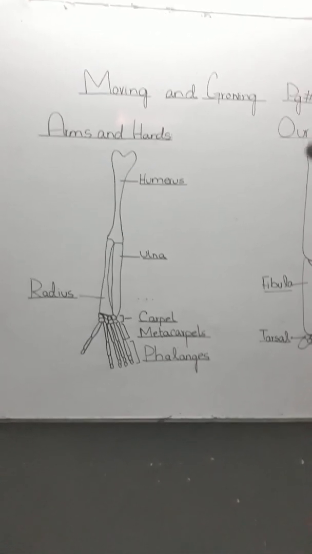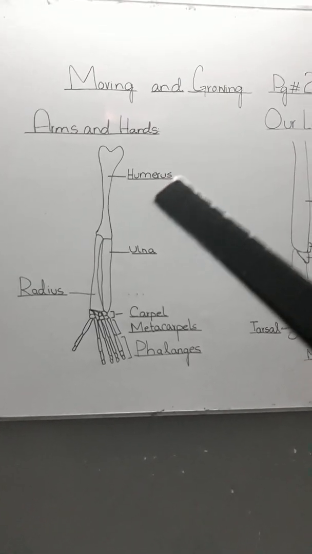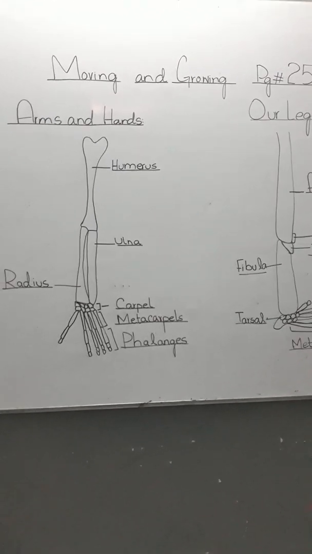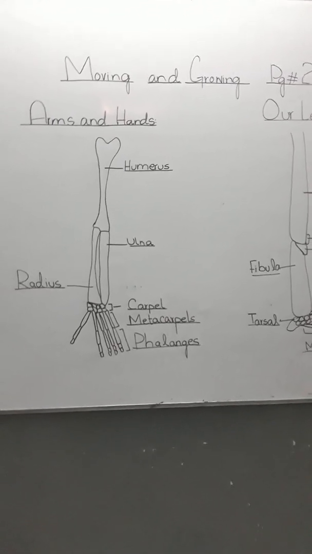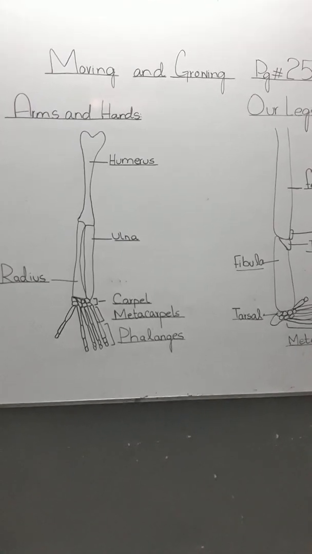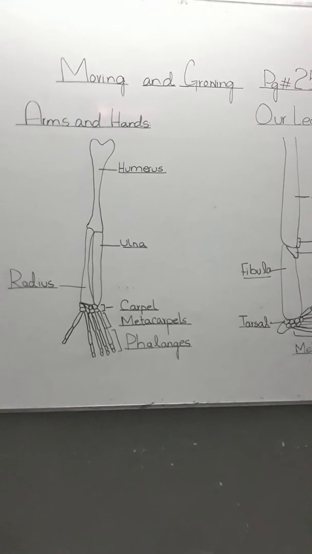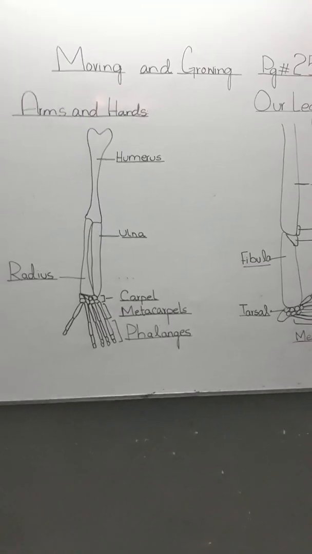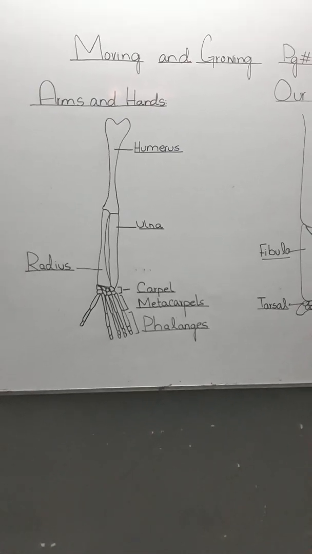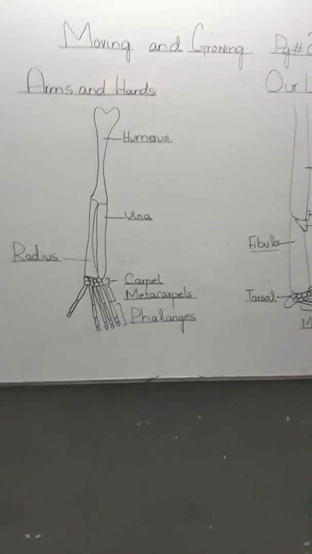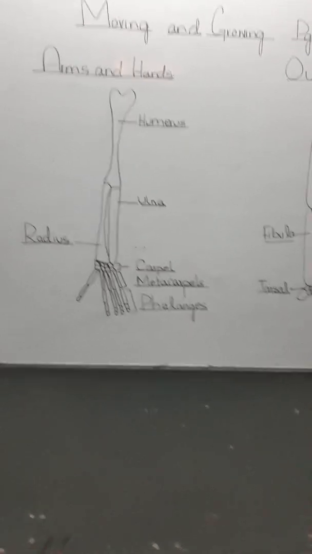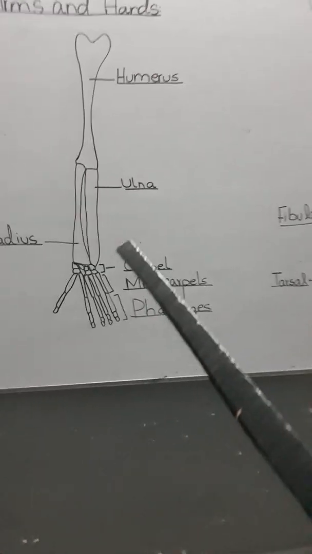What? Humerus. And the second bone in our arm on the left side is called ulna. And at the thumb side, the thumb is connected with a bone called the radius.